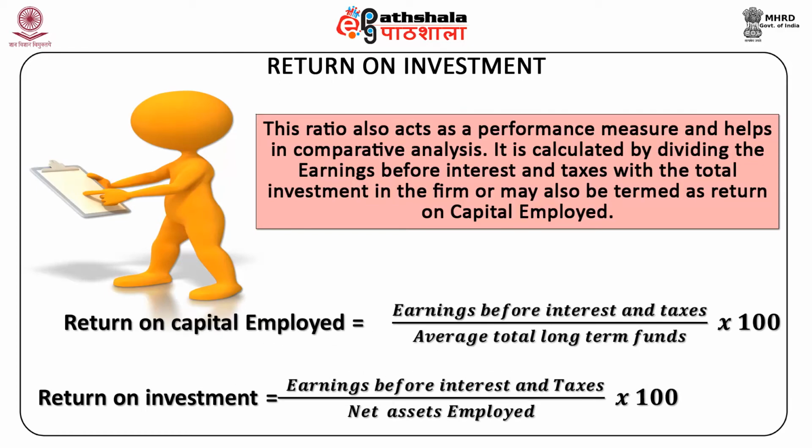Return on capital employed is equal to earnings before interest and taxes divided by average total long-term funds multiplied by 100. Return on investment is equal to earnings before interest and taxes divided by net assets employed multiplied by 100.